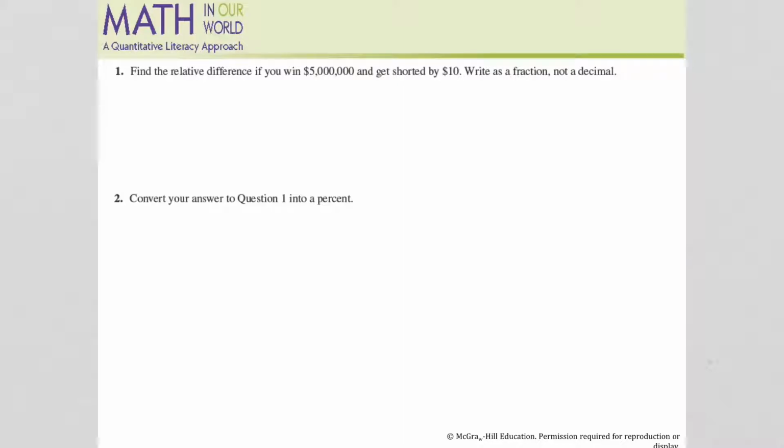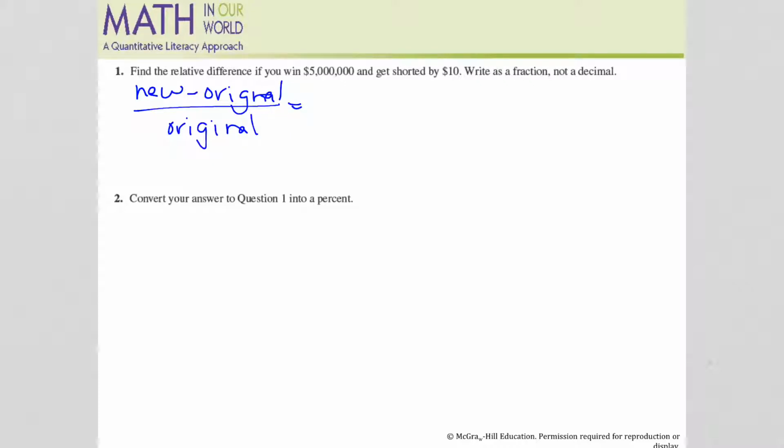So we have this formula, new minus original over the original, which is what we use to find relative difference or the percent change.